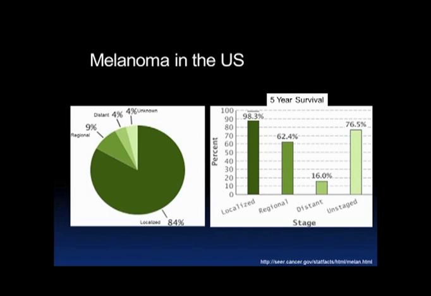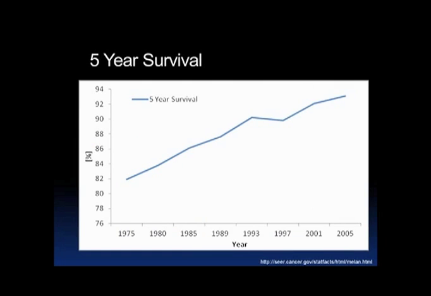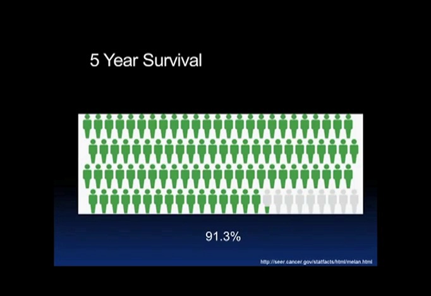That drops sharply to about 16% when you talk about distant metastases. Interestingly, while the incidence of melanoma increased over the past decades, also the 5-year survival increased over the past decades. And again, this might be because they get diagnosed earlier. Currently, we're at a 5-year survival rate for all stages of about 91%, and that has been pretty steady over the past few years.